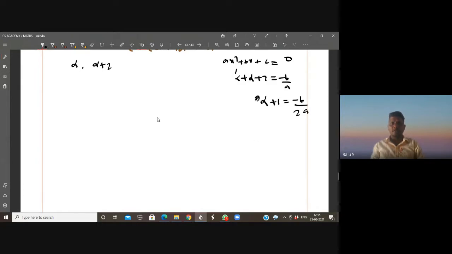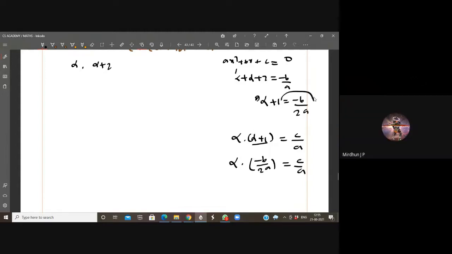Then from the second option, product of the roots is c by a. Now alpha plus 1 value is clearly in terms of this. Alpha into alpha plus 2 is c by a, with alpha plus 1 equal to minus b by 2a. So what is the alpha value from this one? Yes, you can cancel a and a.